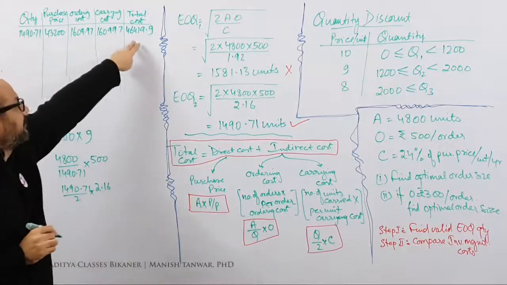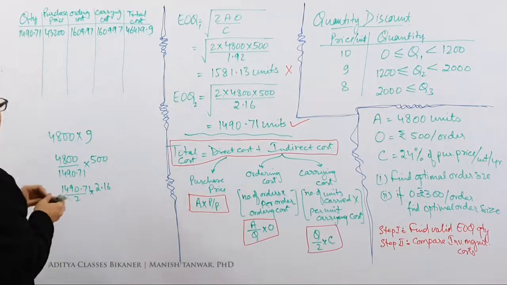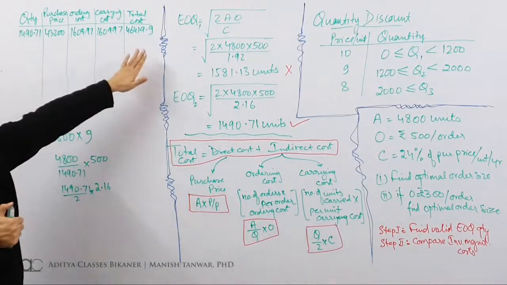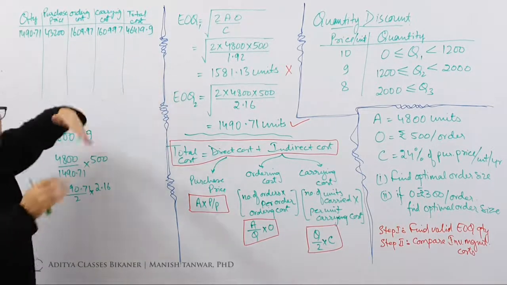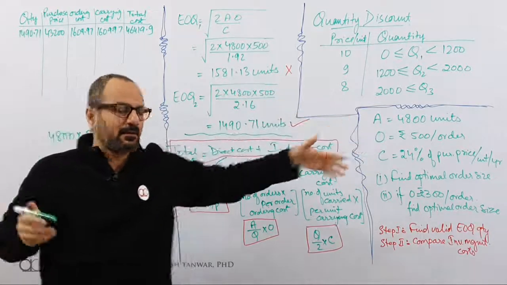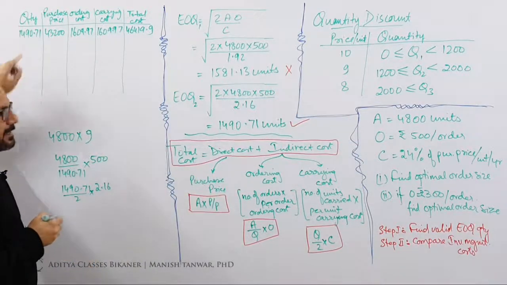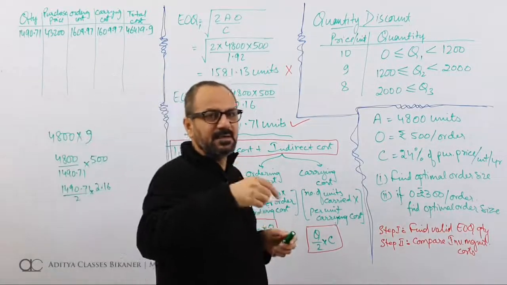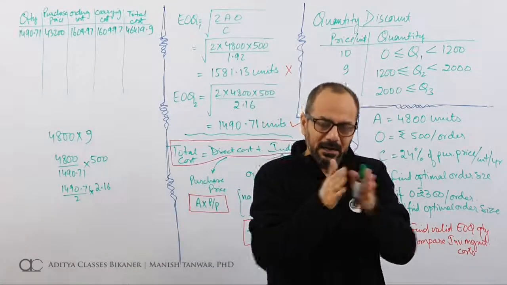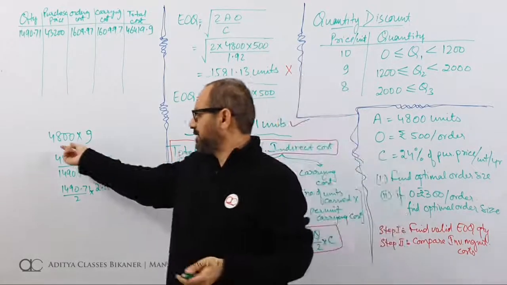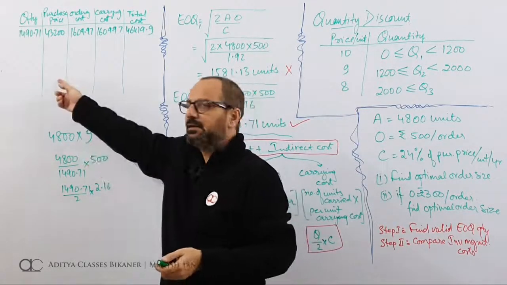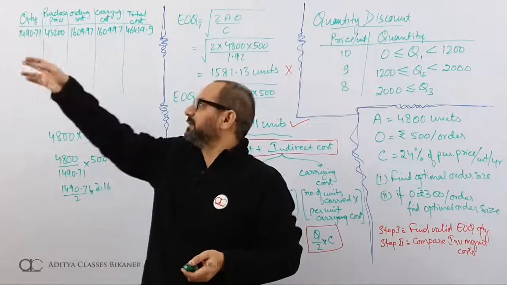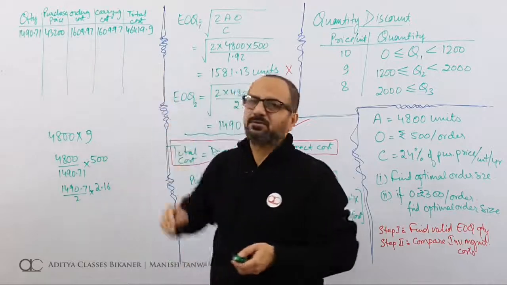If I go ahead with EOQ, this will be the total cost that I'll incur in the year, because I'll be buying these 4800 units in lots of 1490 and making a payment at the rate of 9 rupees. Then the ordering cost would be this and the carrying cost would be this in the complete year.